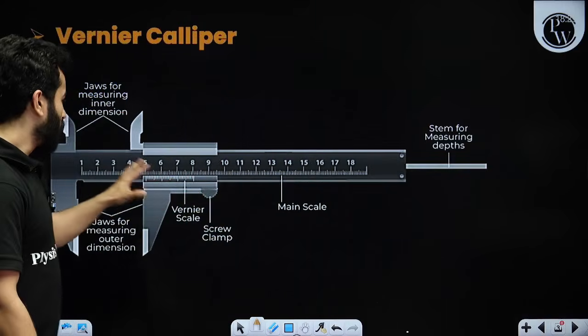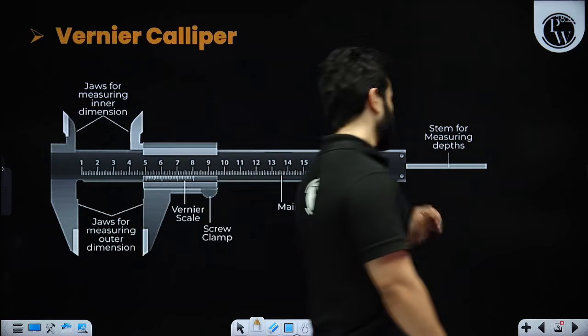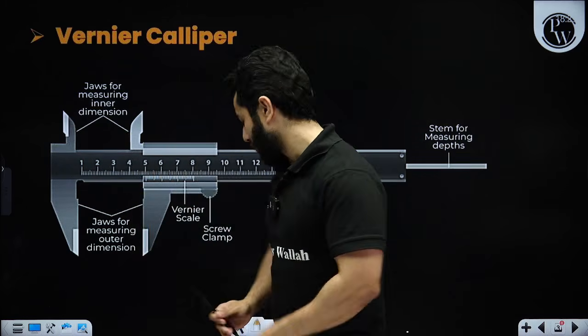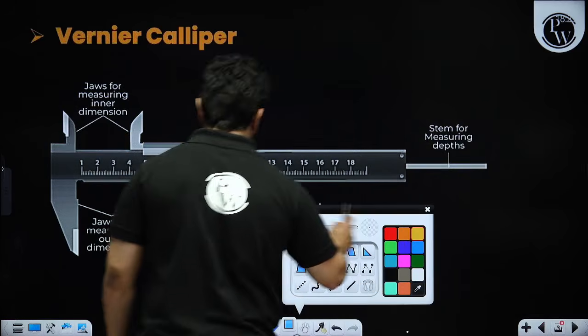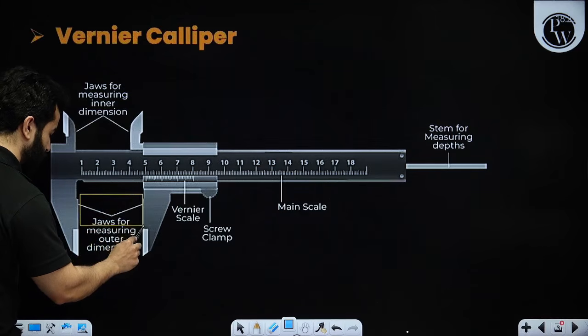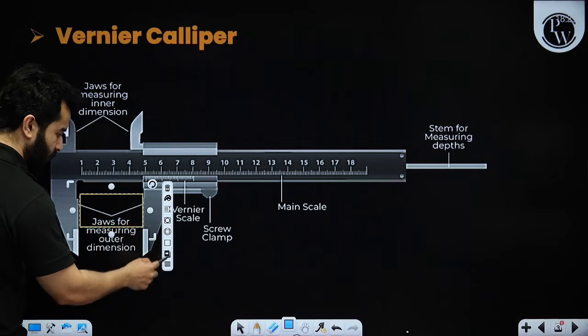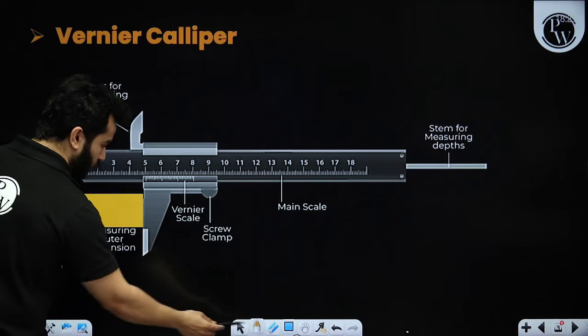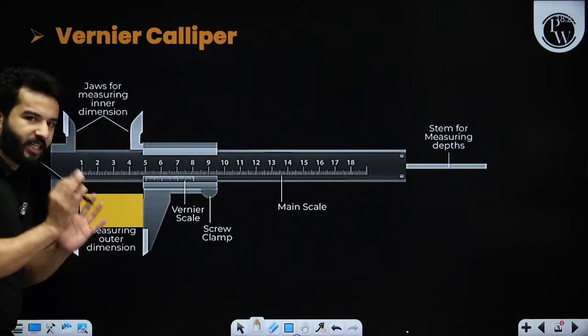This is how a Vernier caliper looks, right? We have got two jaws over here, which is the most important thing. Let's suppose I have a solid object over here, then we are going to place our solid object in between these jaws, and then we are going to close these jaws and take the reading.